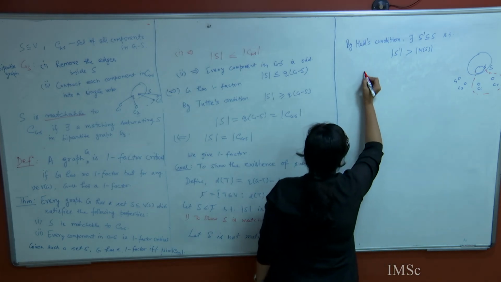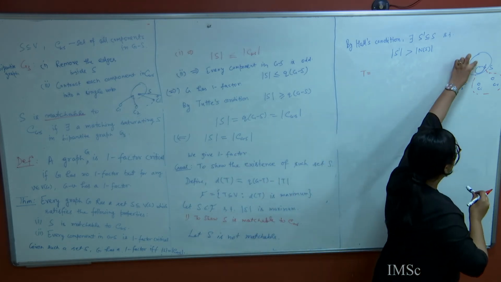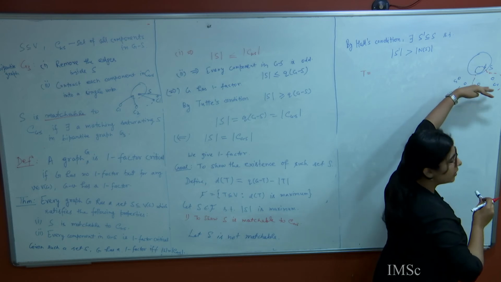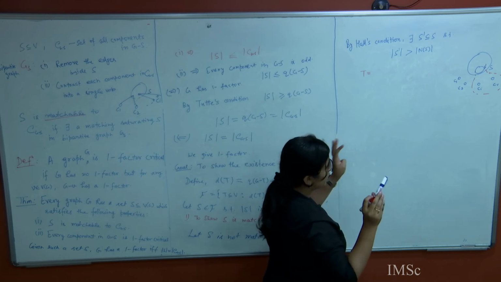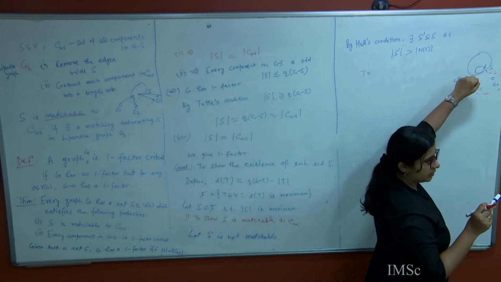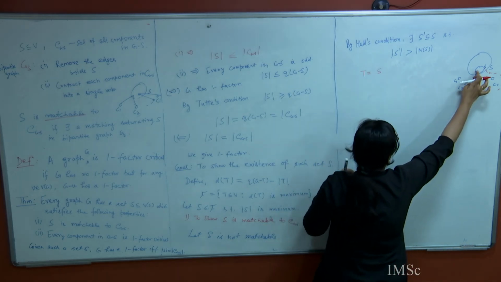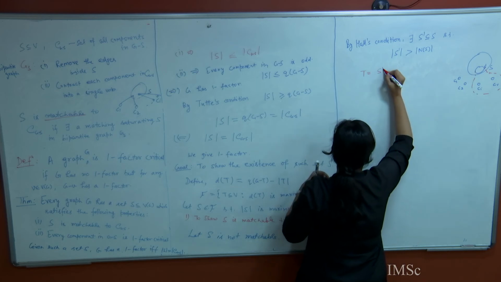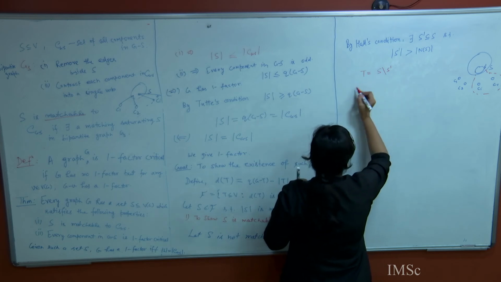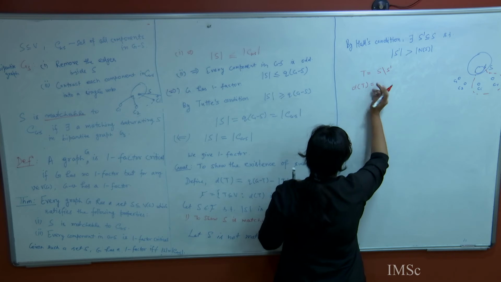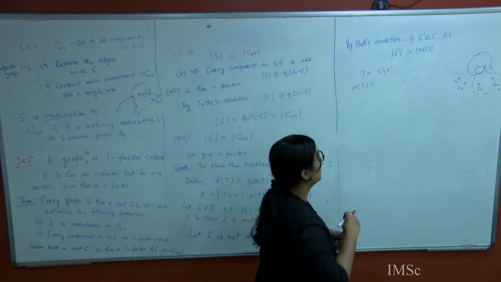So, let us define some new T. From this set S, let us remove this S prime and then check the measure of the remaining set. Let us remove this subset S prime from S and now look at whether it fails the Tutte condition or not, and how badly it fails.